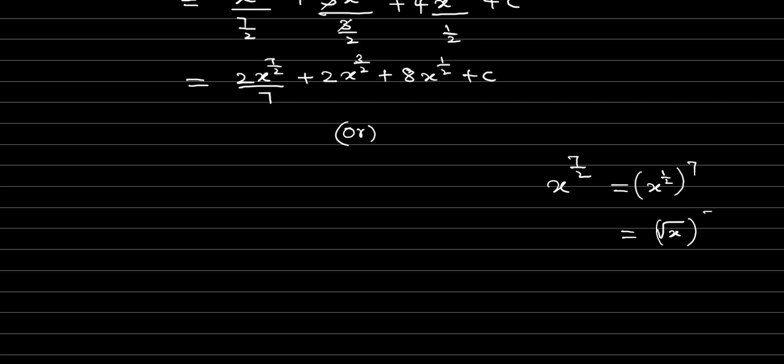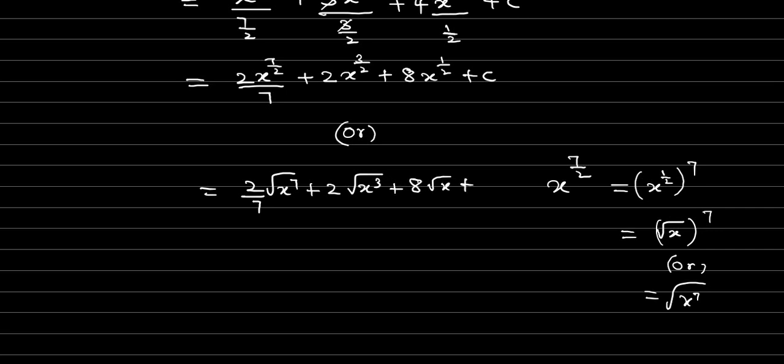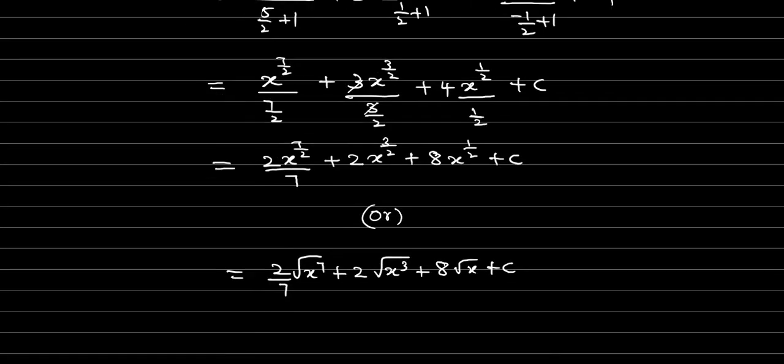Root x whole power 7, or x power 7 square root. So otherwise how can we write? 2 by 7 x power 7 root x plus 2 x cube root x plus 8 root x plus c. This way also we can leave it. So that's all this one.